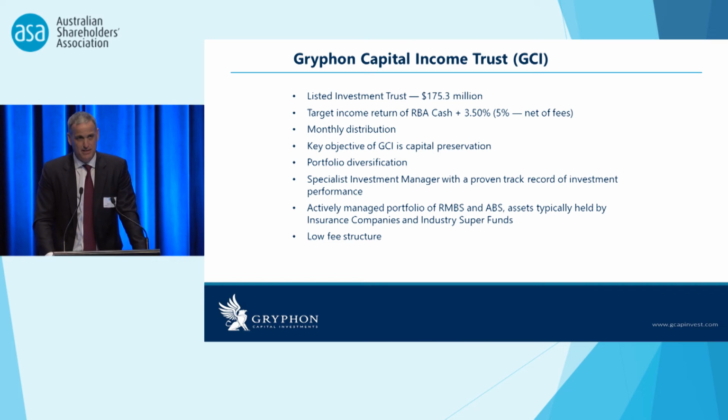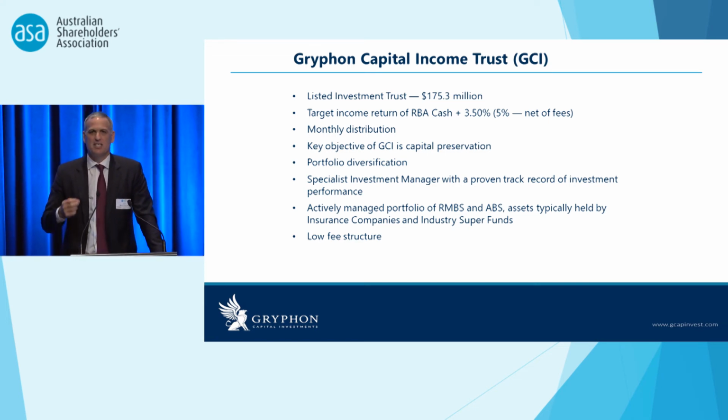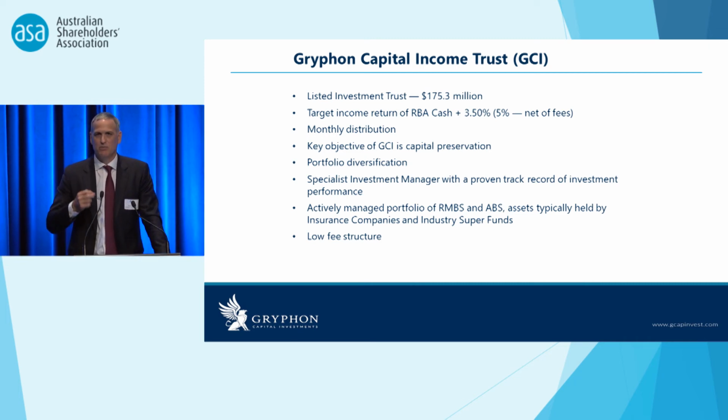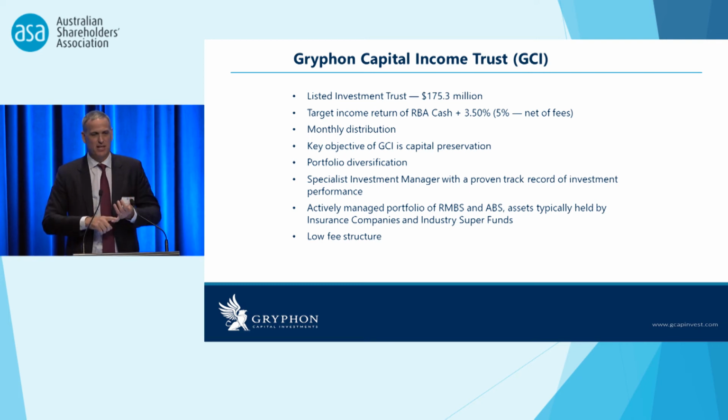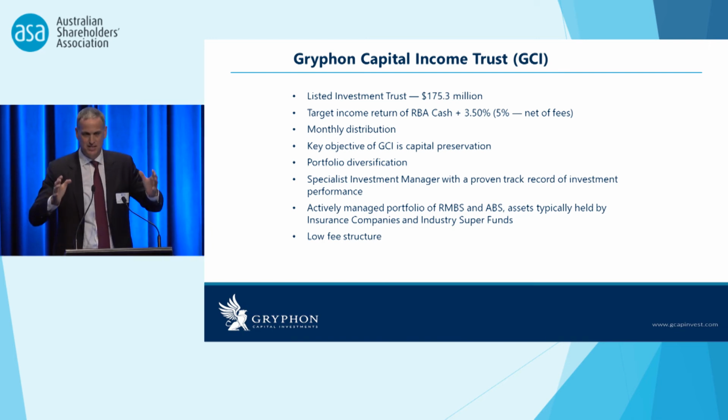So at Gryphon Capital, what are we referred to as? Are we a generalist fixed income manager? Are we boutique? We're regarded as a specialist income investor. What does specialist mean? Well, specialist means we dedicate all our resources, our experience, our systems, everything is targeted to just one subsector of the fixed income market.